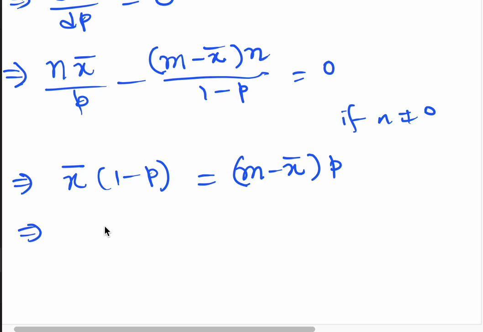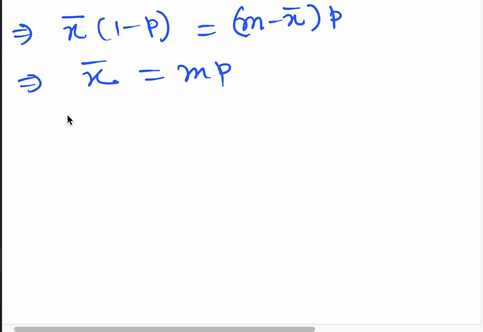So this will give x bar equal to mp, and we want to calculate only the expectation of x1, that will be mp. So p will be x bar by m.